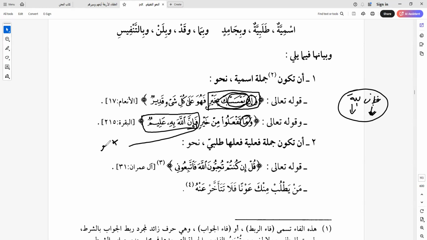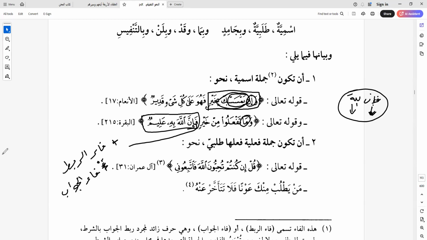So this fa is what we call the what? الفاء, فاء الربط أو فاء الجواب. So you can call it فاء الربط or فاء الجواب or فاء الزائدة للربط, فاء الزائدة للجواب.